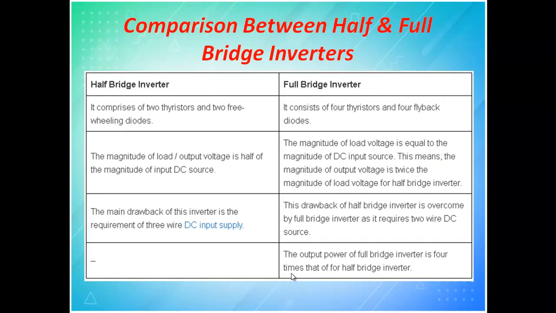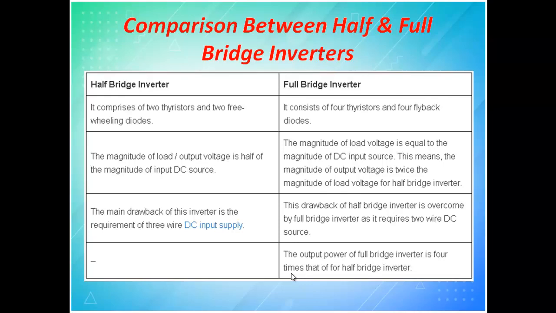Now we will go for a comparison between a half bridge and a full bridge. The half bridge comprises two thyristors and two freewheeling diodes. Here, 4 thyristors and 4 flyback diodes. Freewheeling diode or flyback diode, both are the same. Next is the magnitude of the load output voltage is half the magnitude of the DC source.